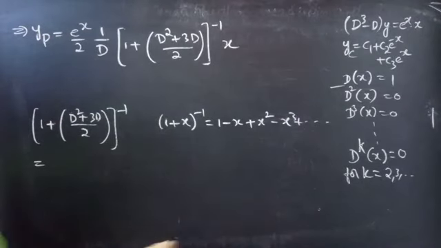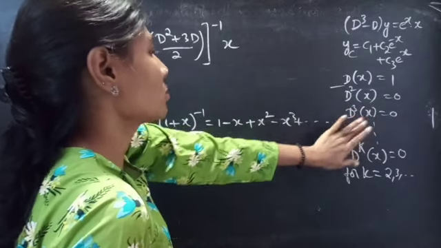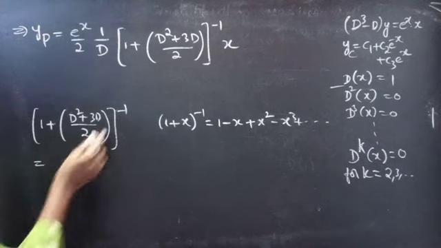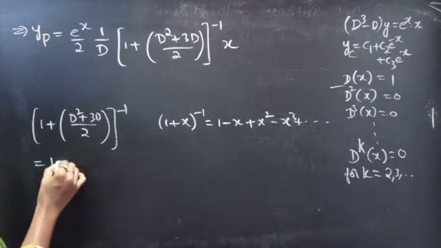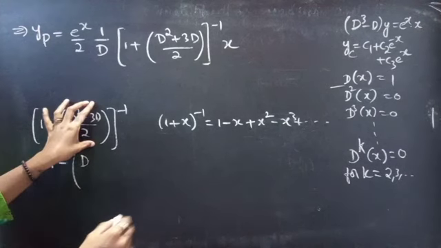We know that higher derivatives D square of x, D cube of x and so on become 0, right? Fine. Now let's expand this. Just compare 1 plus this term with 1 plus x.